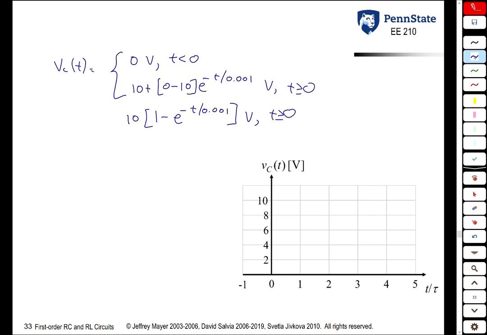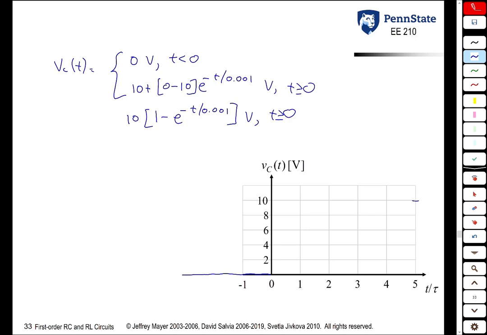We can now plot VC of t. We see that its value before 0 is going to be 0 volts because the capacitor is not attached to any voltage sources. At time 0, the voltage source is switched into the circuit, and now the capacitor starts charging. It eventually gets up to 10 volts.